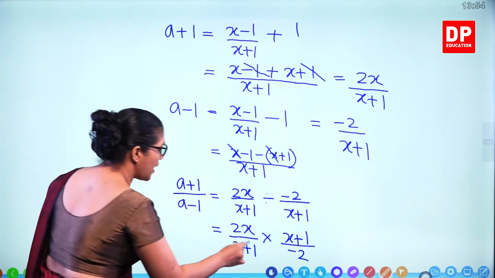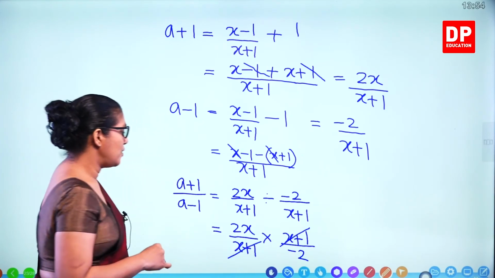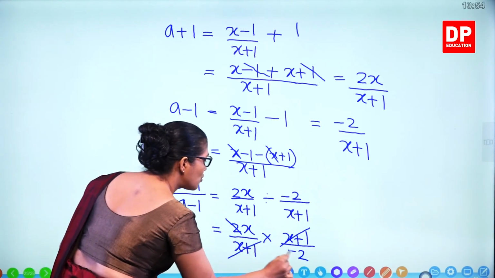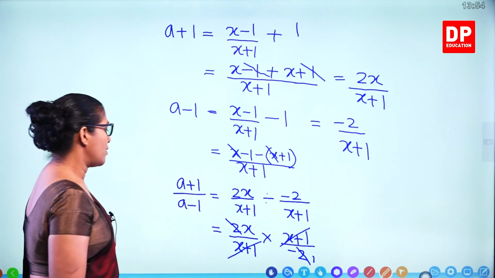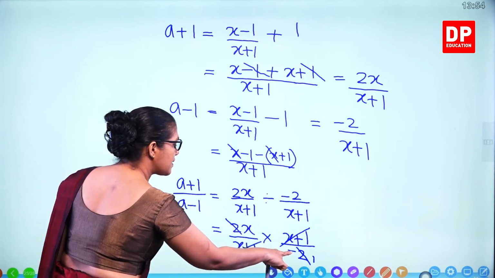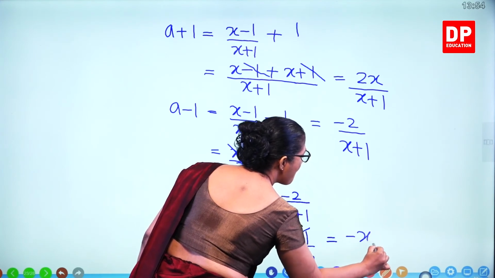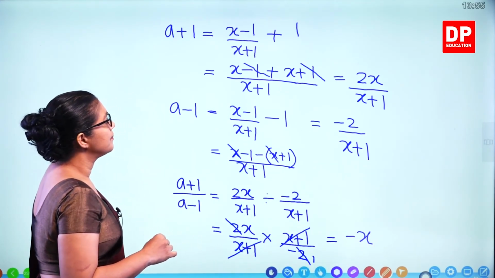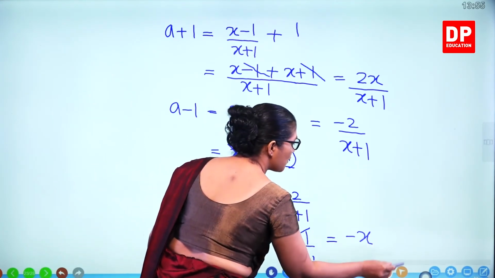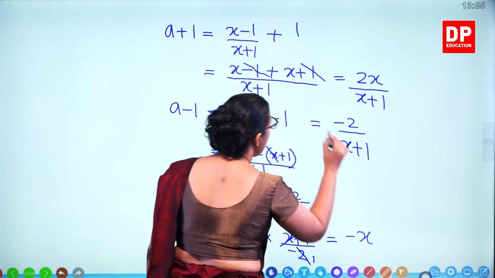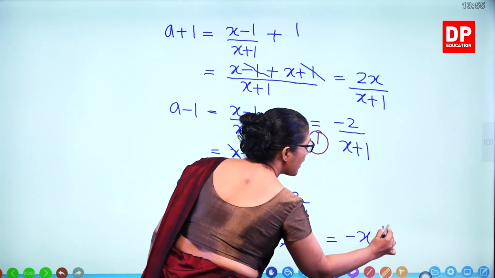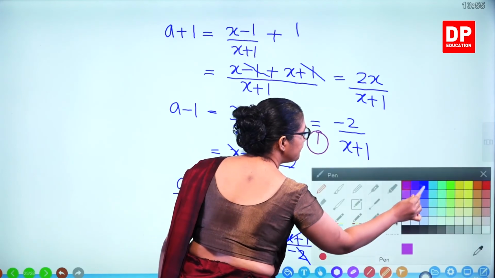Now can you see x plus 1 is the same thing, you can cross it out. 2 and 2, you can cross it out. You get a minus sign and x. So the ratio becomes minus x. 2 marks for that. 1 mark for the method and 1 mark for the final answer.